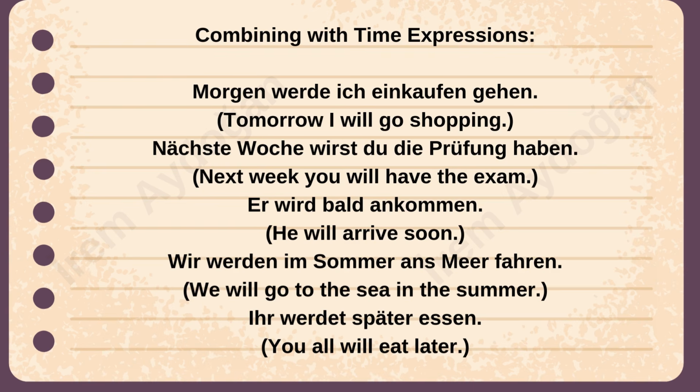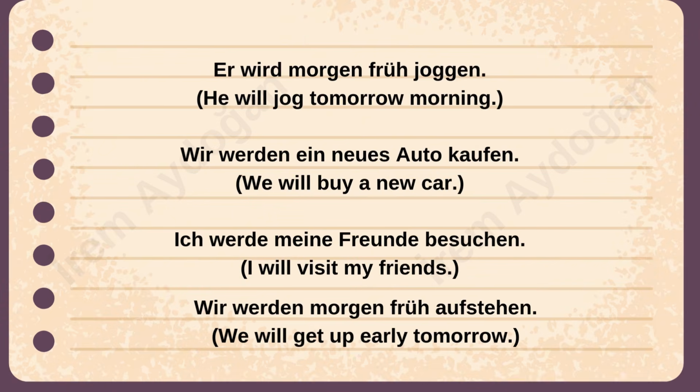If I want to use the time expressions at the beginning of the sentence, it's like this. But of course, I can use them in the middle of the sentence also. Er wird morgen früh joggen. He will jog tomorrow morning. He, er; will, wird; tomorrow morning, morgen früh; jog, joggen.